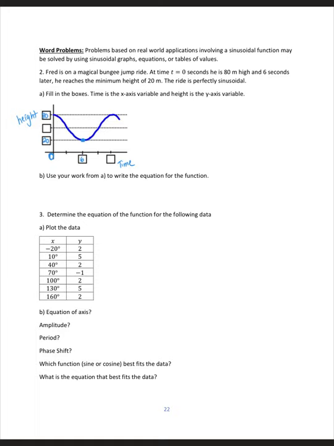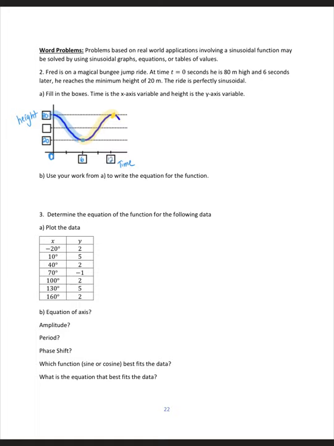Then it says the ride is perfectly sinusoidal, so we can figure out some more of this information. If it took him 6 seconds to go from our maximum down to our minimum, then it's going to take another 6 seconds to go from our minimum back up to our maximum at 80. So this box is going to be 12.